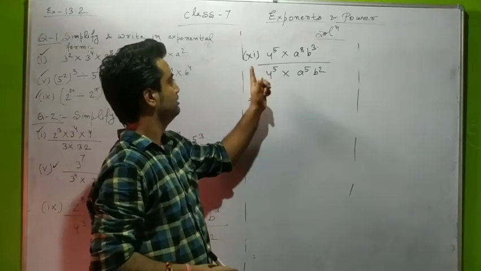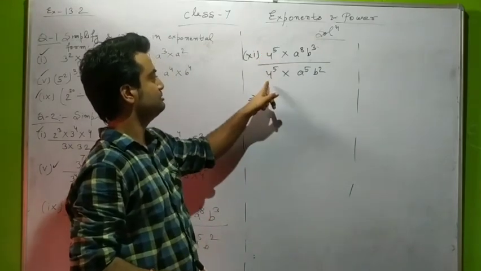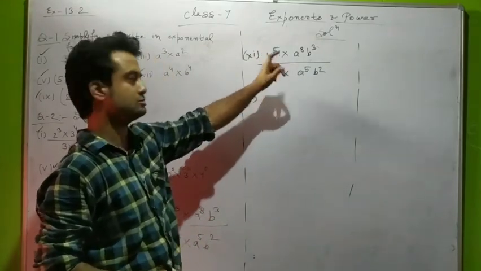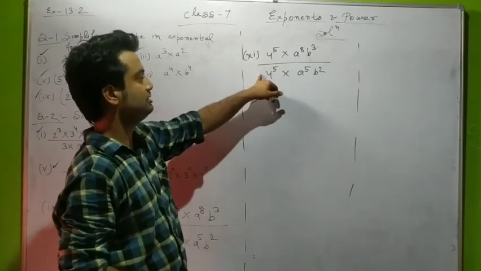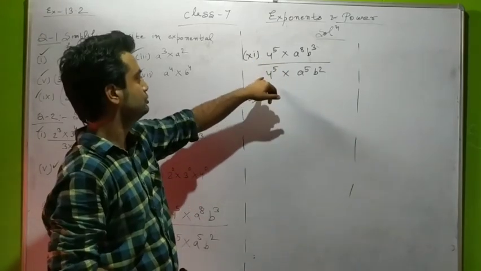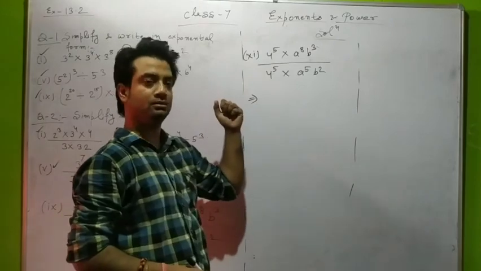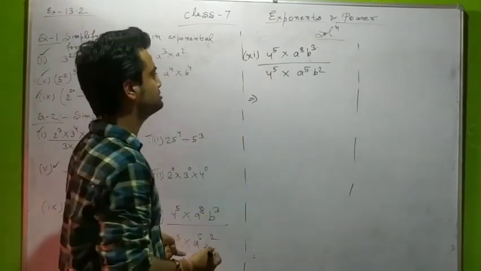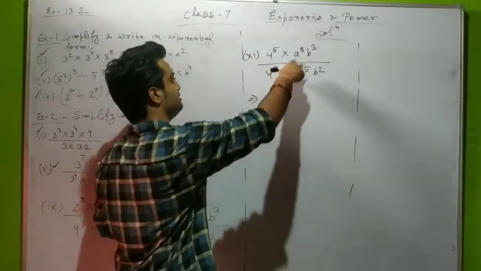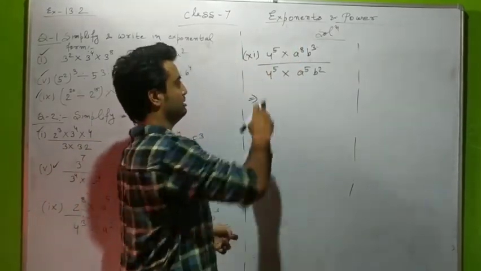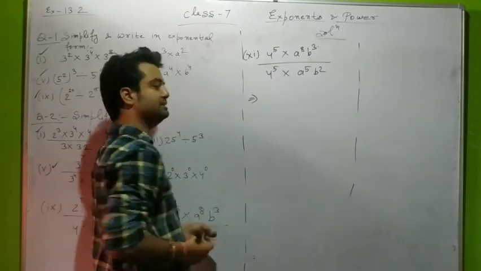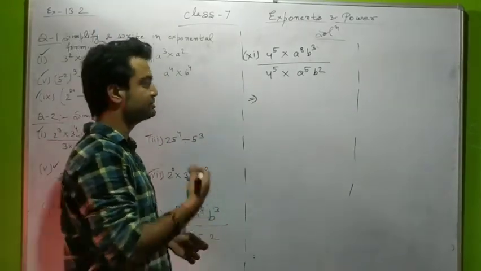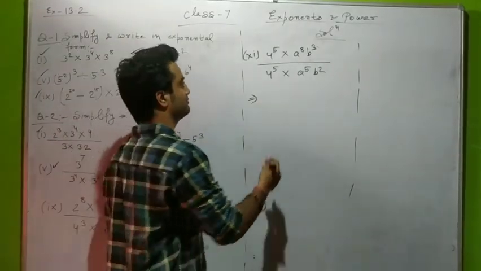In this, 4 raised to the power 5 is here also, 4 raised to the power 5 is here also. So when bases are same in numerator and denominator both, you can change them; when you bring it to the numerator, since the bases are same, these will be combined itself. So let it be 4 raised to the power 5.